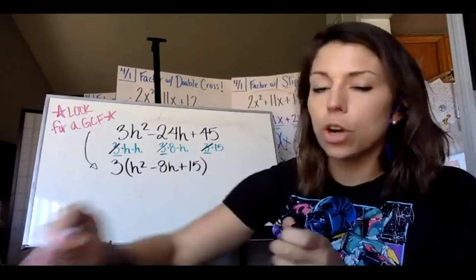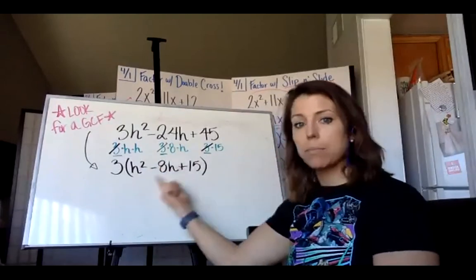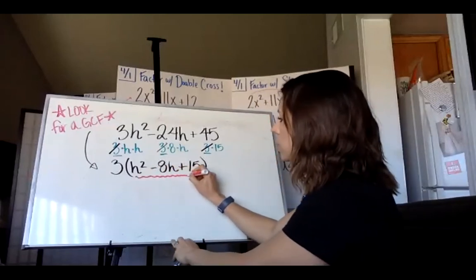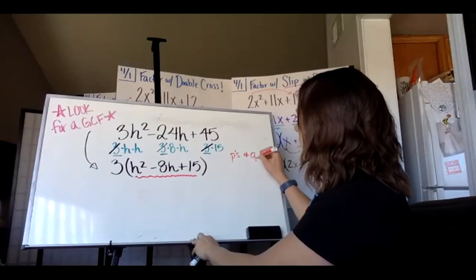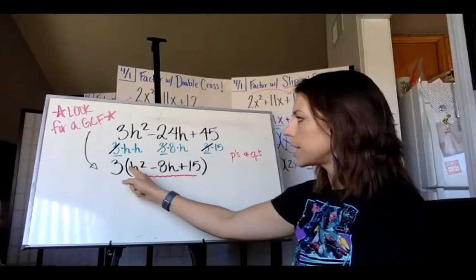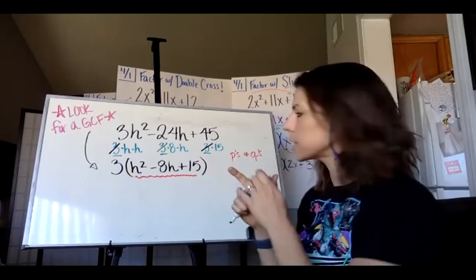Because the trinomial that is now inside of your parentheses can be factored. This can be factored using P's and Q's. How do I know that? I know that because it has 3 terms and because the leading coefficient just became 1. So follow along here with what I do next.